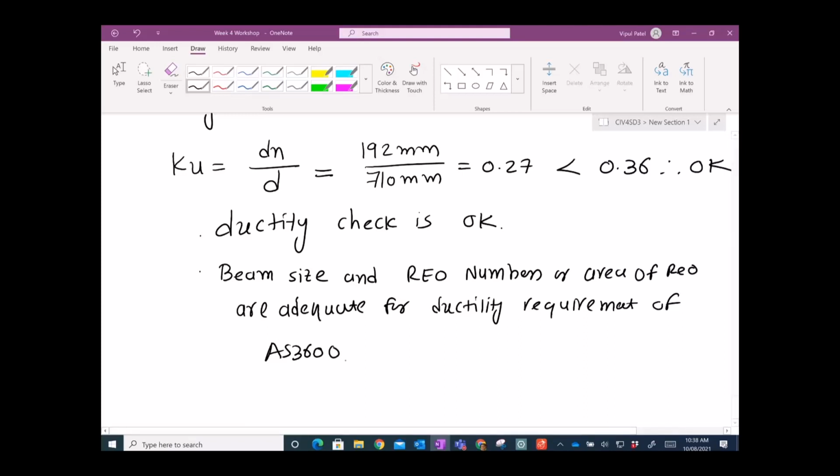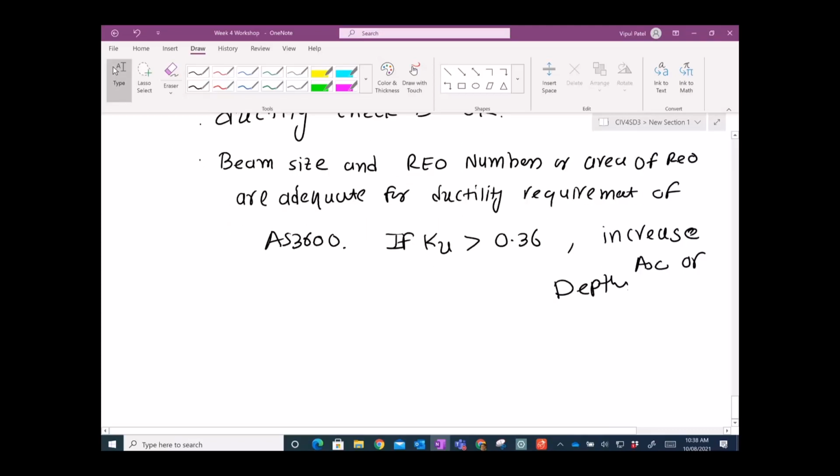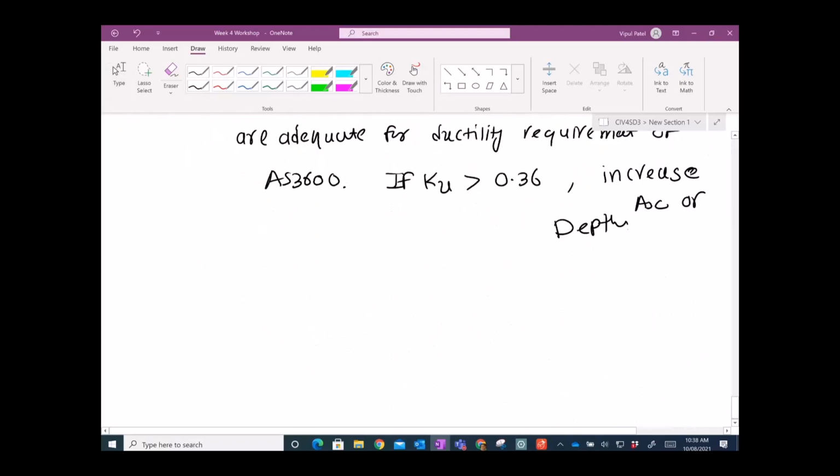And you know the drill. If Ku is greater than 0.36, you would increase ASC or depth, right? Remember in the first examples we did double reinforcement. So this one is lucky, that's done.